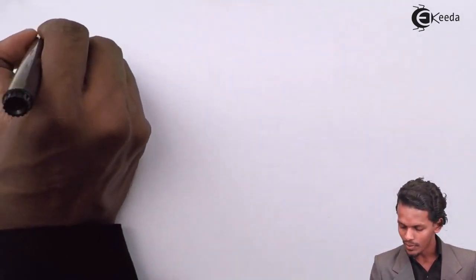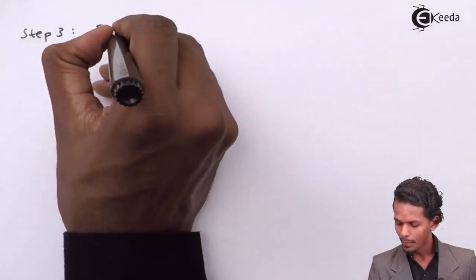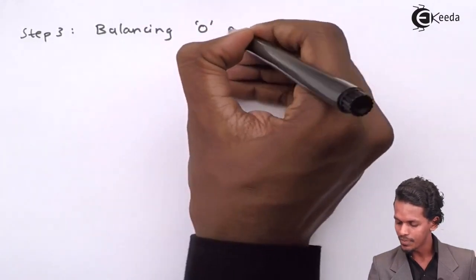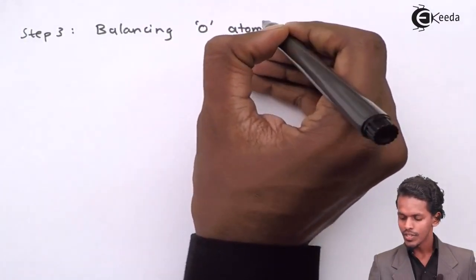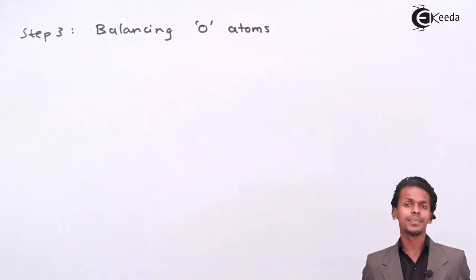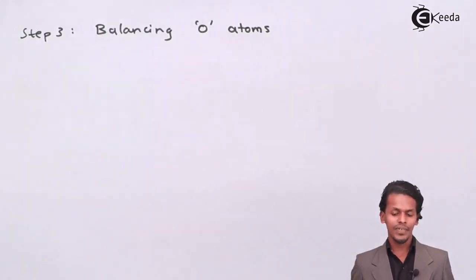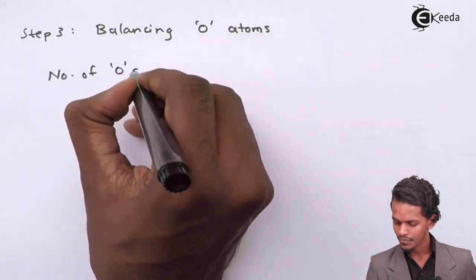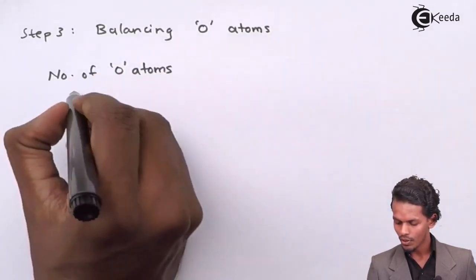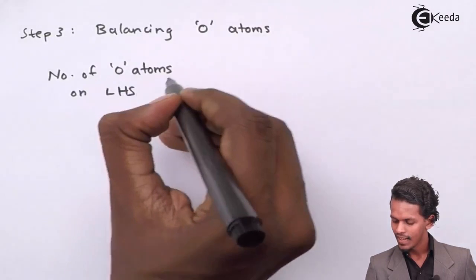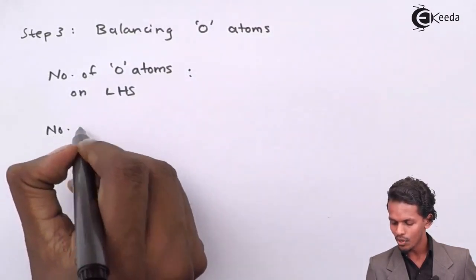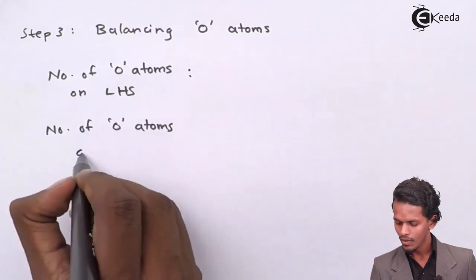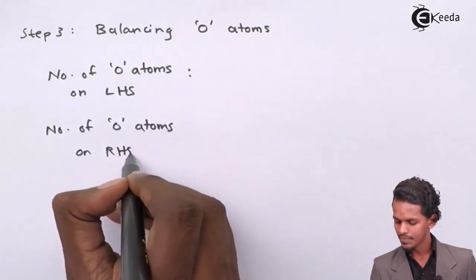So step number 3 will be balancing oxygen atoms. So in this case, suppose we consider the number of oxygen atoms on left hand side as well as the number of oxygen atoms on right hand side.